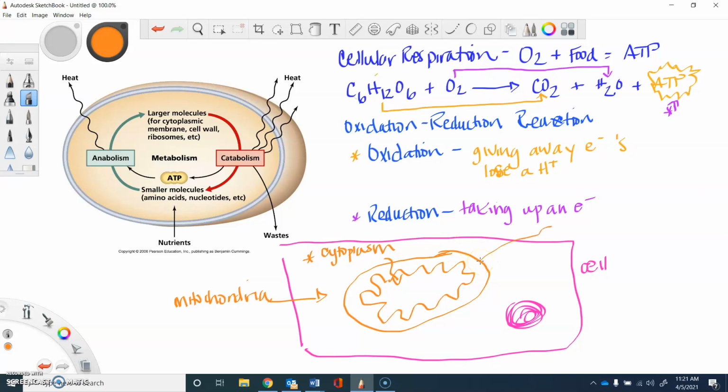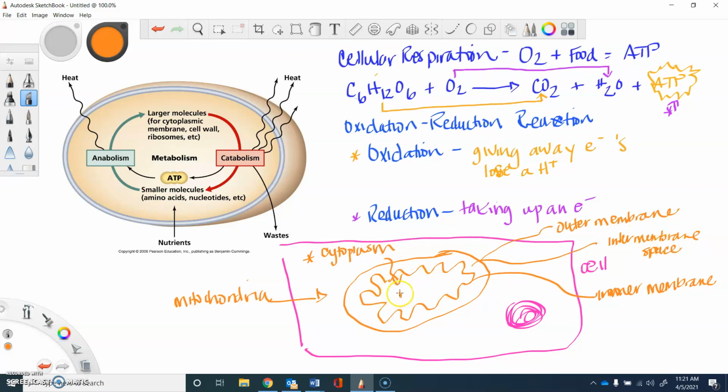We have an outer membrane, we have an inner membrane, and we have this space in between that is called the intermembrane space.